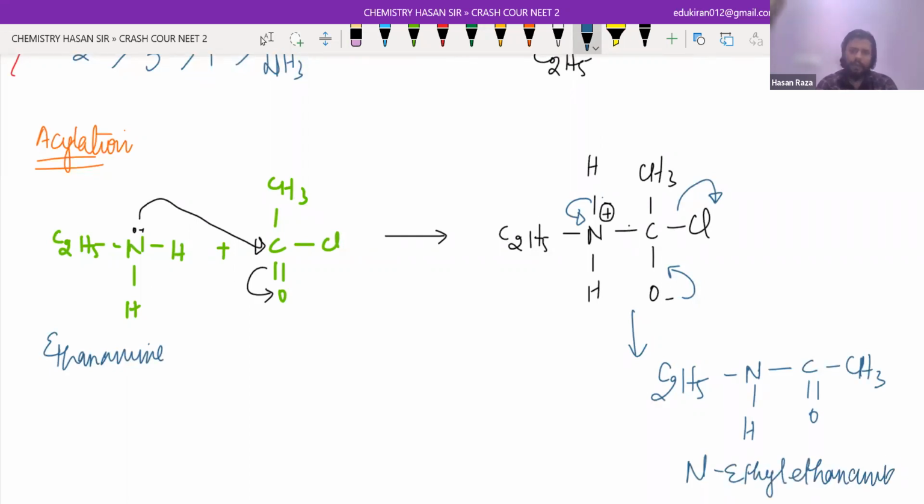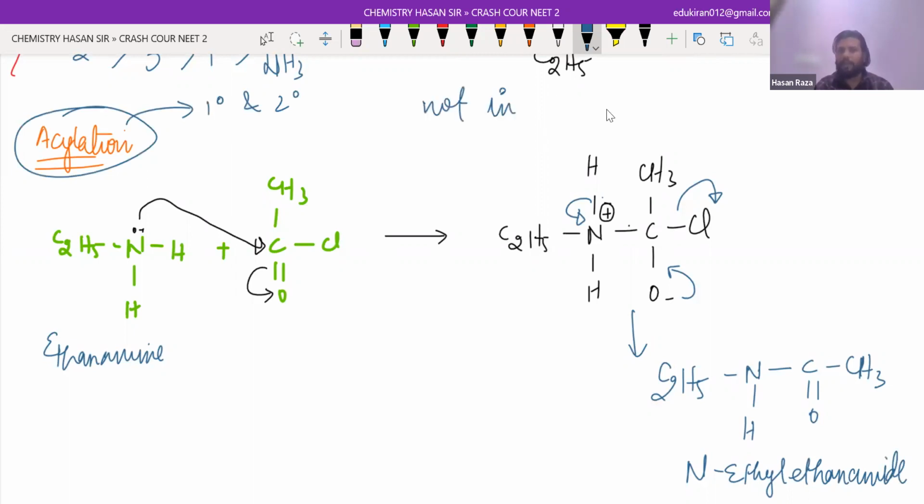So this acylation is possible in 1 degree and 2 degree only, not in 3 degree, because in 3 degree, nitrogen will not have any hydrogen. You can repeat the reaction with 2 degree as well. I'm going to do it by shortcut. You can see it will be completed in a single line.